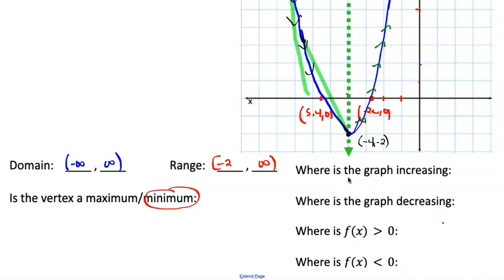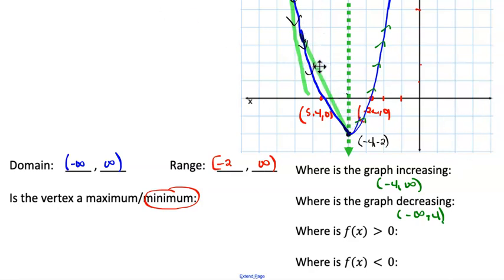From -4 to infinity, everything's going up, and from negative infinity to -4 is everything before the vertex. So everything after the vertex, the y values are going up. Everything before the vertex, the y values are going down.